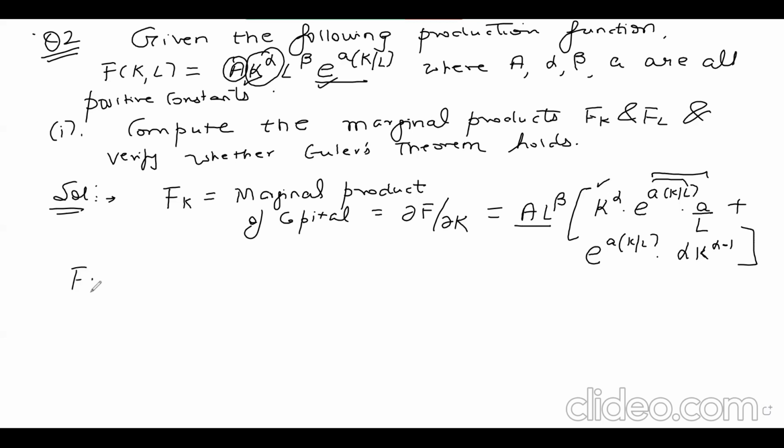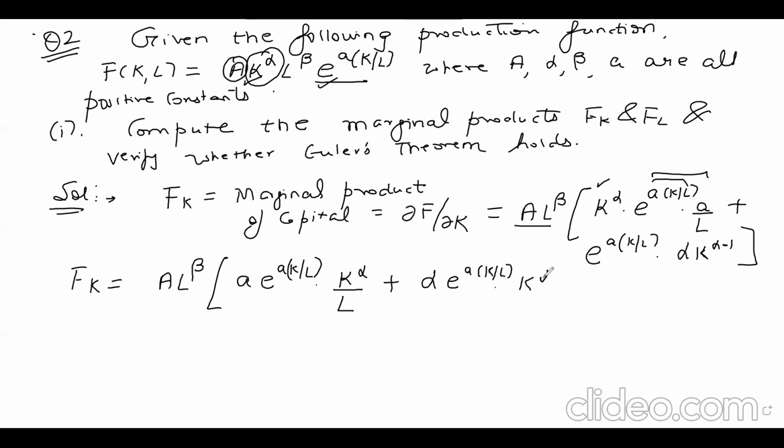So I can write Fk finally as A L to the power beta times e to the power a K by L, a times K to the power alpha by L, plus alpha e to the power a K by L times K to the power alpha minus 1.